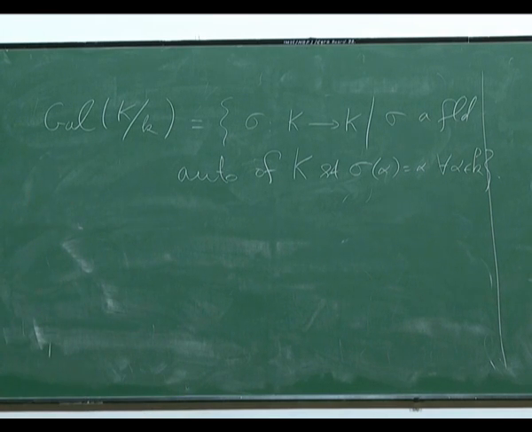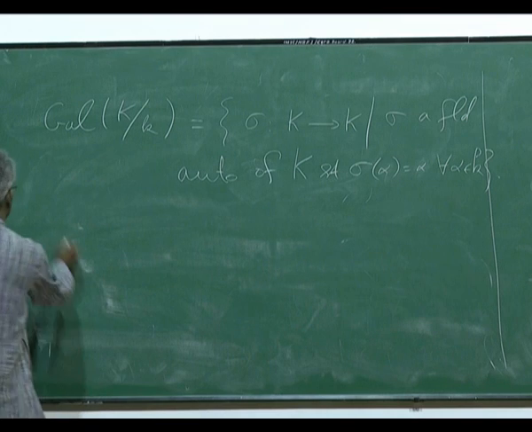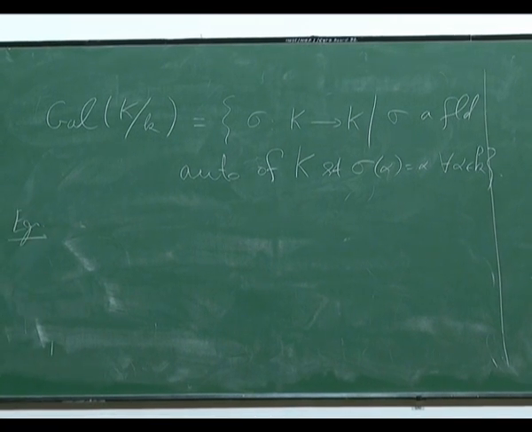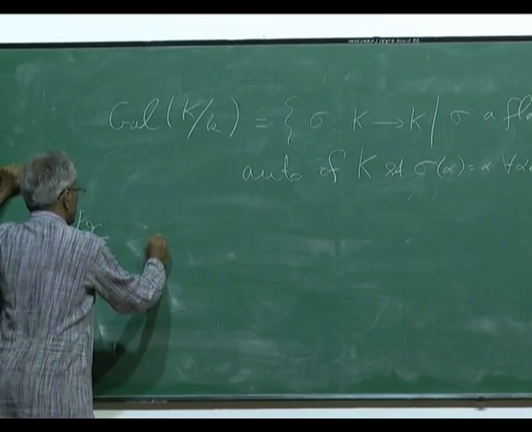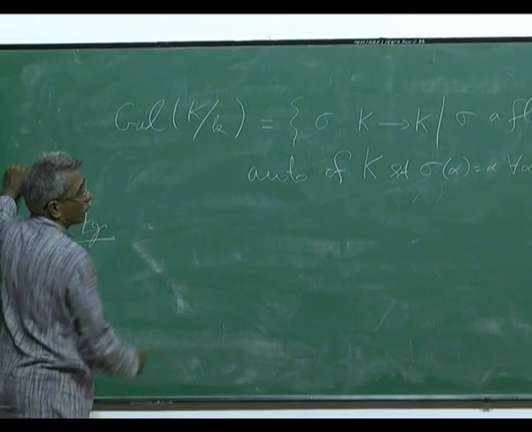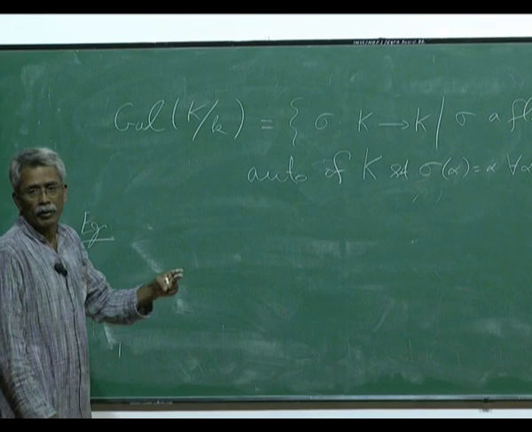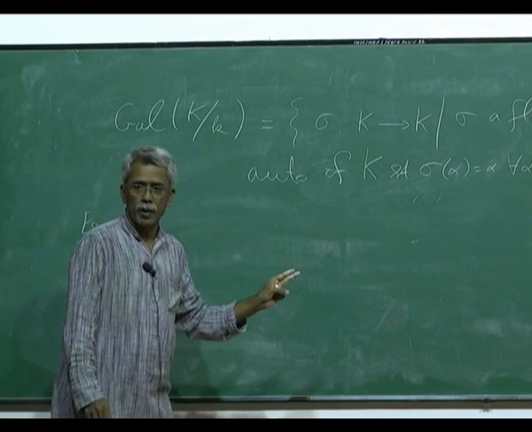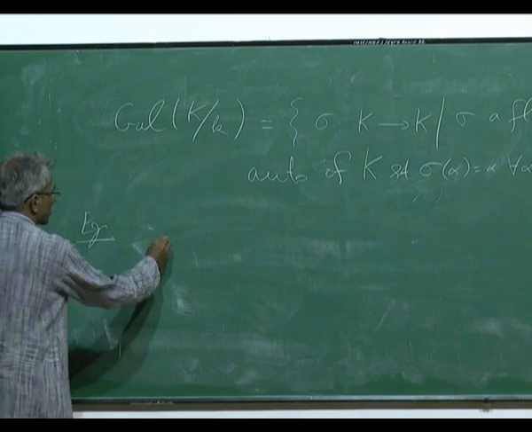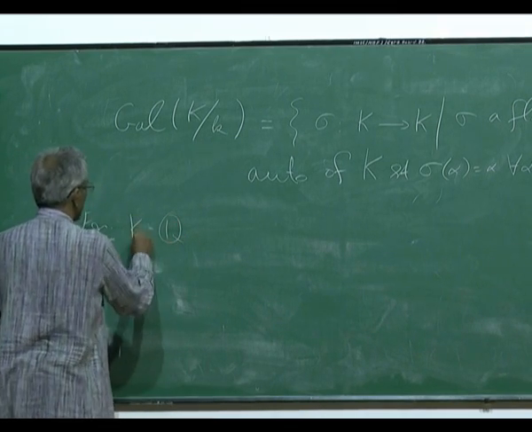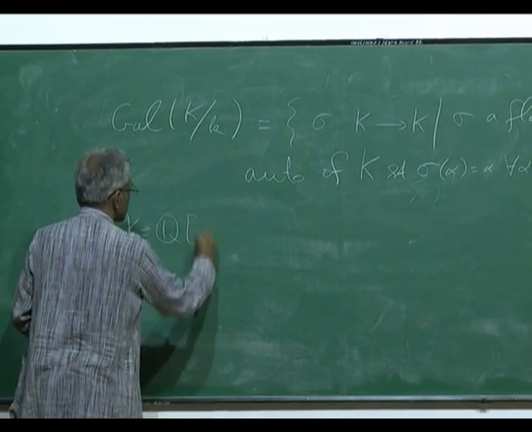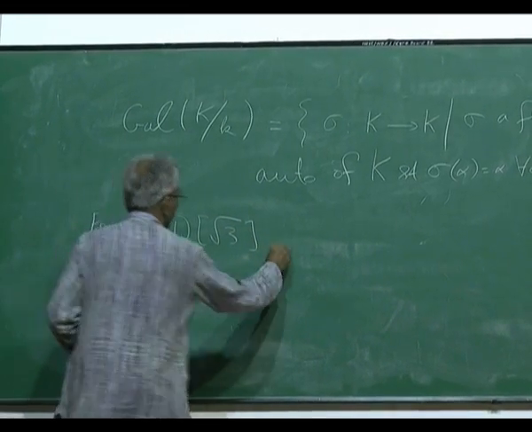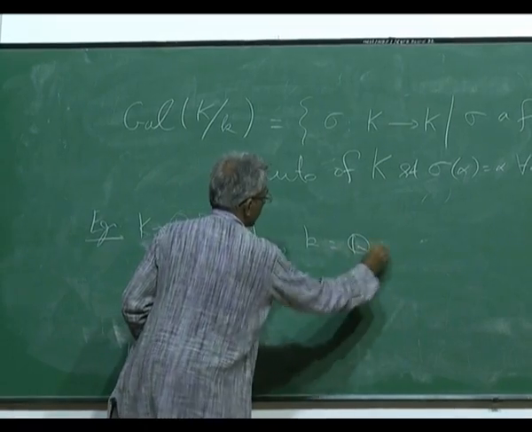Let us compute the Galois group of certain extensions. So, example. I wrote down 2 examples, and I am going to compute the Galois group of both the examples. What was the first example? K is equal to Q adjoin root 3, and small k is equal to the rational numbers.